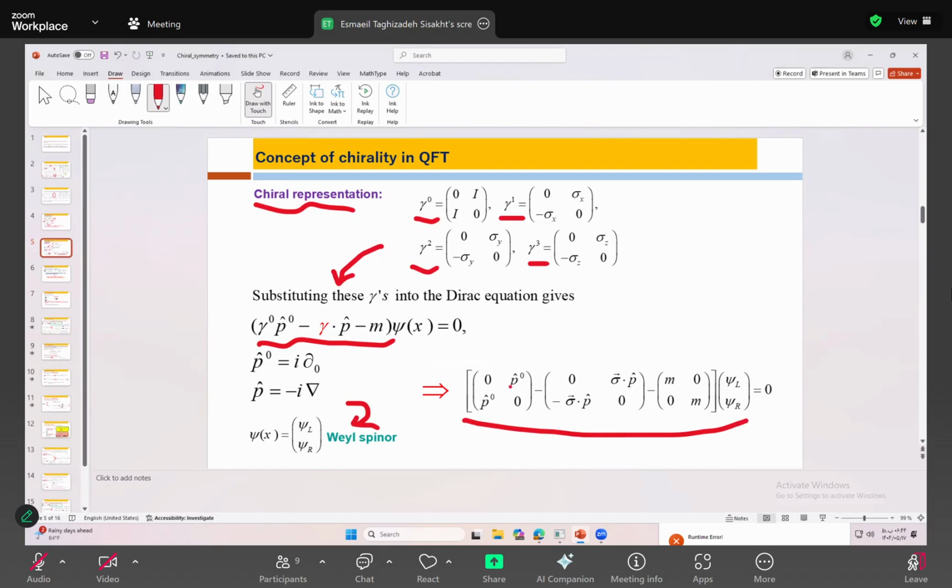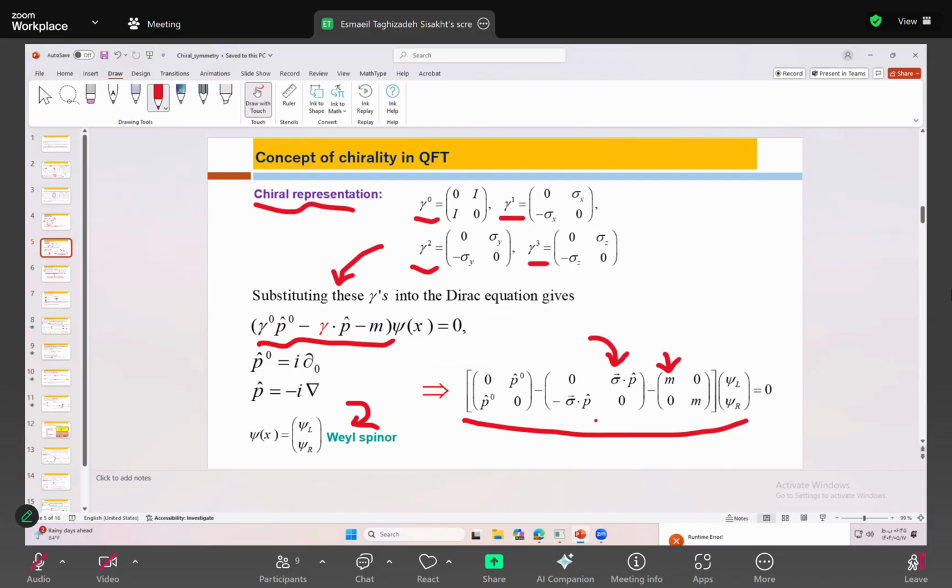You see some expressions in the language of the Pauli matrices appearing in this equation, and also here this M describes the mass term in the Dirac equation.